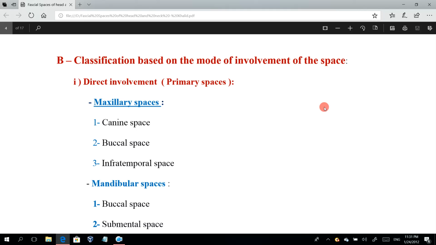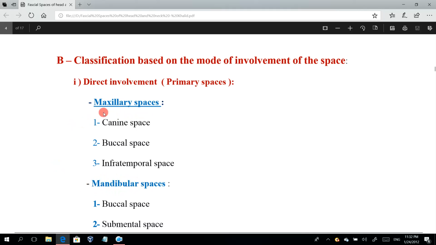And these primary spaces include two groups of spaces. The first group is called maxillary spaces, that means the spaces related to the maxilla. The second group is called mandibular spaces, the spaces in relation to the mandible.